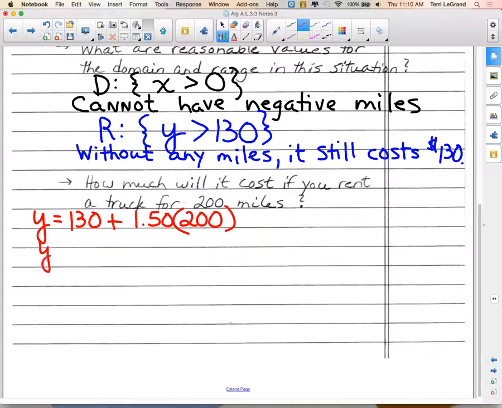So y equals 130 plus, what's 2 times $1.50? You give $1.50 to somebody, you give another $1.50 to somebody, how much money have you given away? $3, and then times 100.